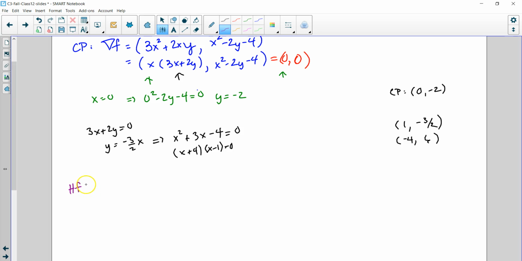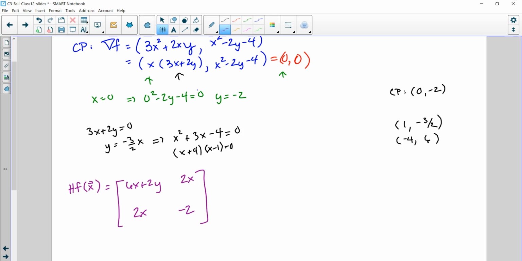Okay, and so the Hessian here is going to be 6x plus 2y, and then in the off diagonals I just get 2x, and then in the fyy I believe I just get minus 2.